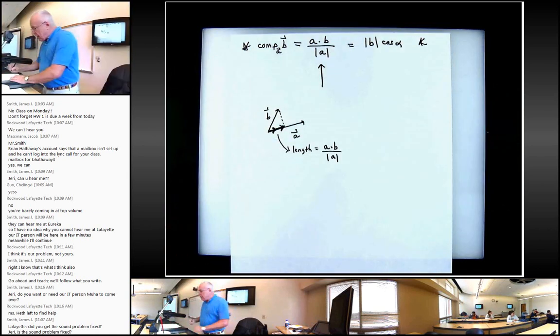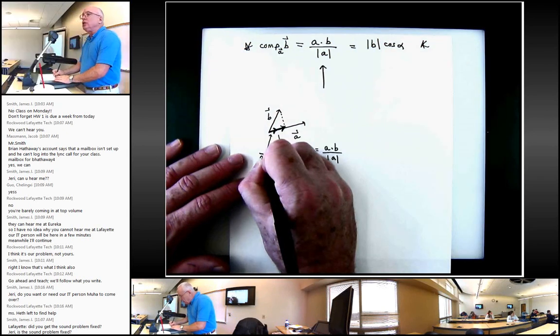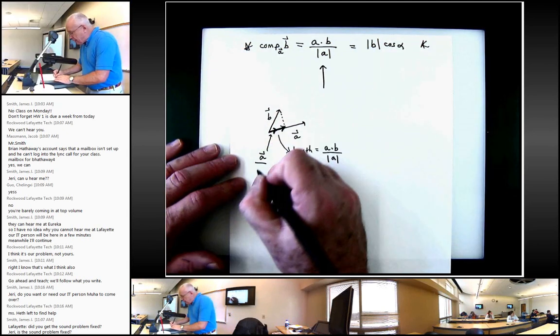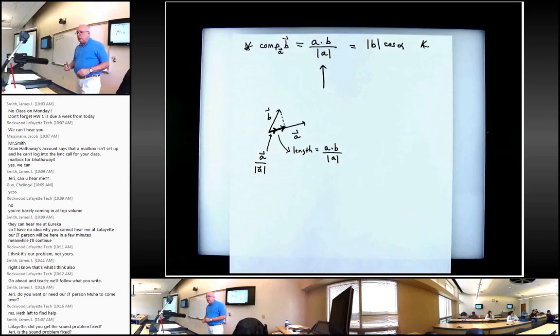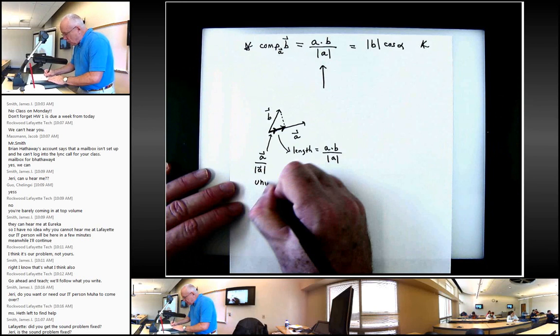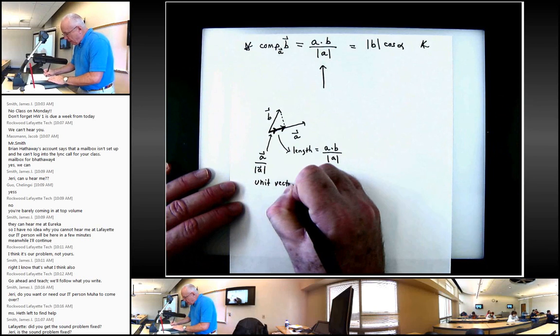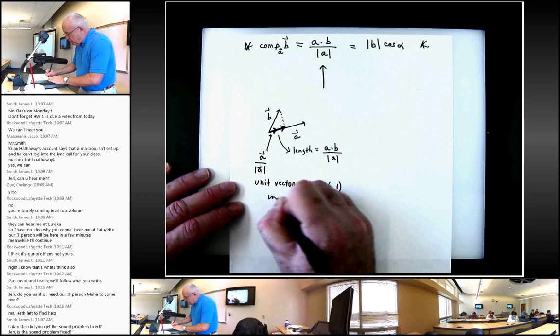To get the unit vector, we divide A by the magnitude of itself. That gives us a unit vector. So this is the unit vector, length 1, that's in the direction of A.